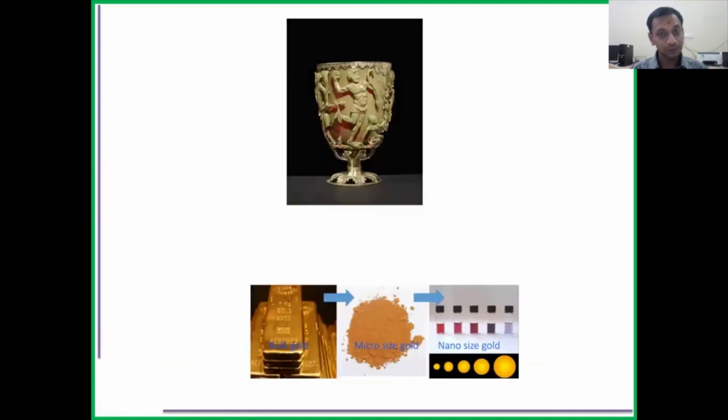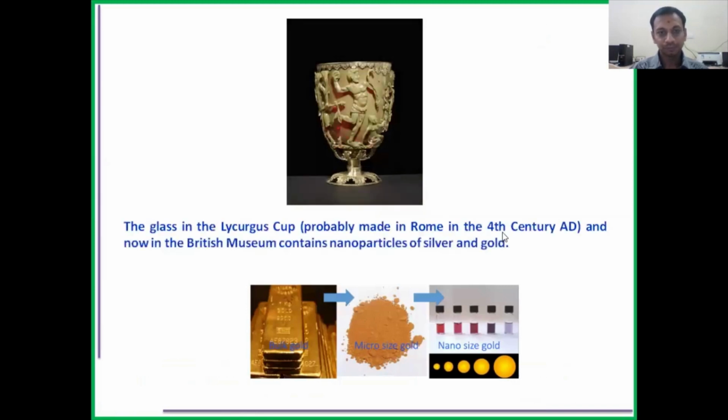So here also the best example you can see is the glass in the Lycurgus cup, probably made in Rome during the 4th century AD. And now it is there in the British Museum. It contains nanoparticles of silver and gold.